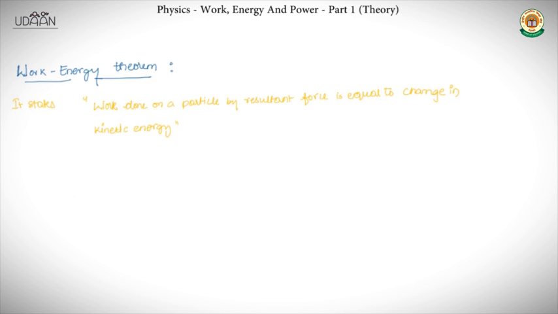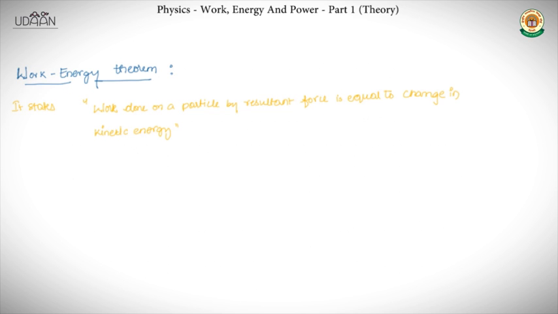In the work energy power chapter, the basic thing we actually deal with is the work energy theorem. What it states is work done on a particle by the resultant force is equal to the change in the kinetic energy. Work done by all external forces will be equal to the change in the kinetic energy.